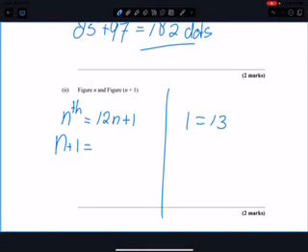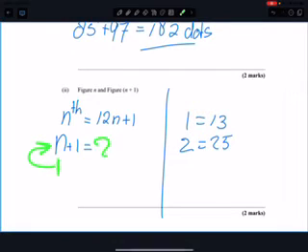13. The n plus 1 is supposed to be what? 2. How many dots does 2 have? 25. So the question is n plus 1. When you place 1, the answer should come out 25. Yes? If I place 1 there, my answer should be 25.